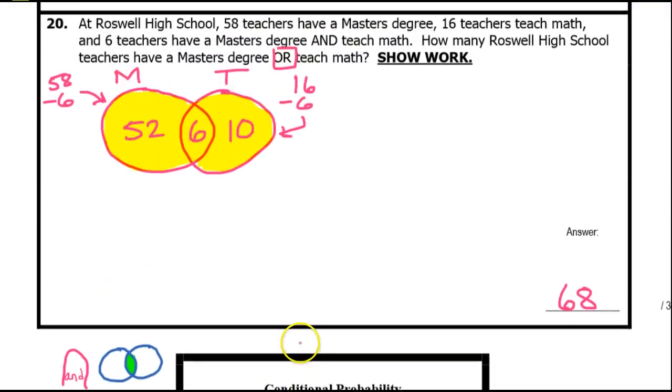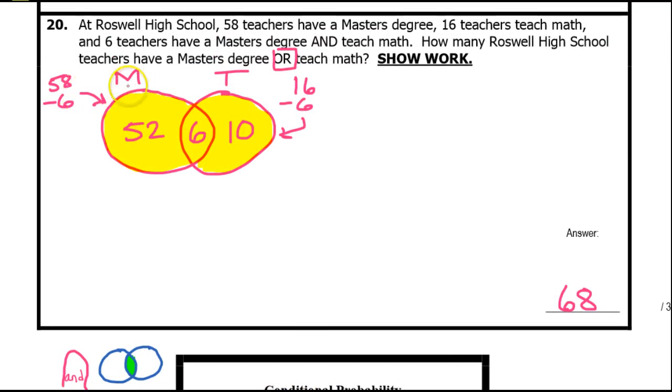Instead of A and B, I'm going to use M and T. So if I want to figure out the number of teachers having a master's degree or teaching math, and I know that looks like it spells mutt, then I could just do M plus T minus the overlap.